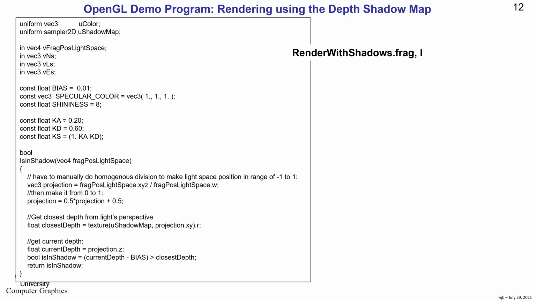And what it's doing is figuring out where the entry in that depth texture is with respect to the thing it's trying to render right now. And really that's what's going on right here. If the current depth is deeper than the closest depth, that means something is blocking this fragment from seeing the light, and it's going to be in a shadow.